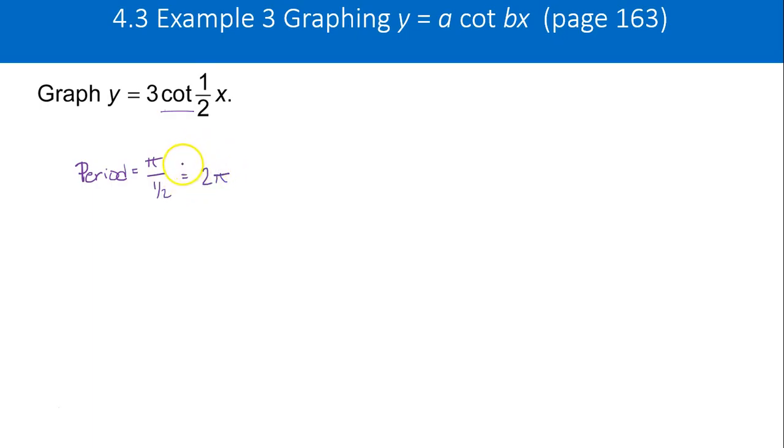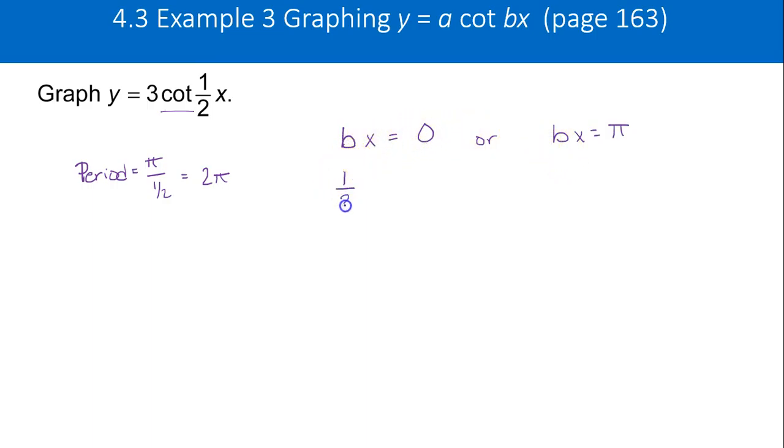And then now how we find our vertical asymptotes for a cotangent function are these two equations. Bx equals 0, or Bx equals pi. And we solve for x by plugging in our value of b.